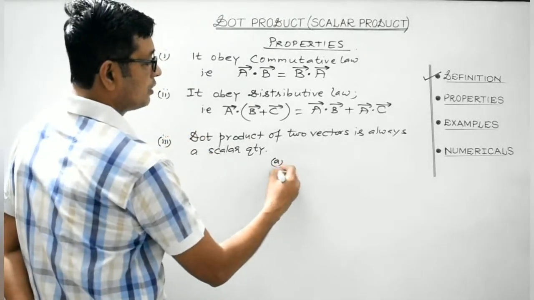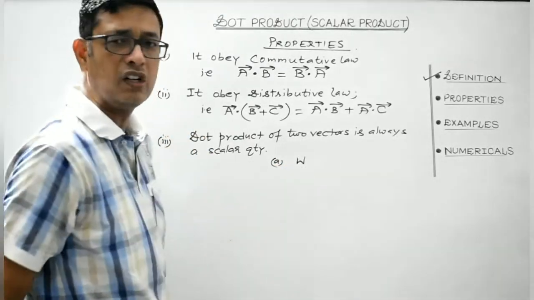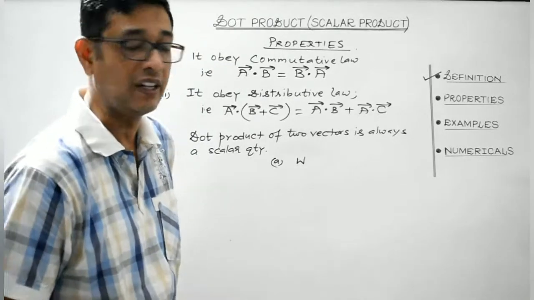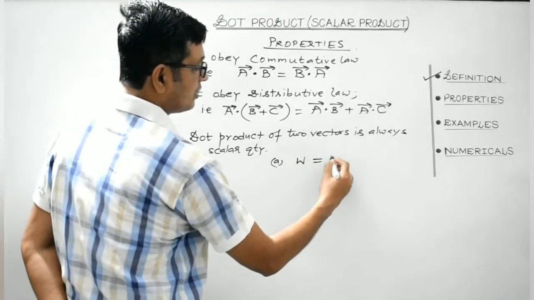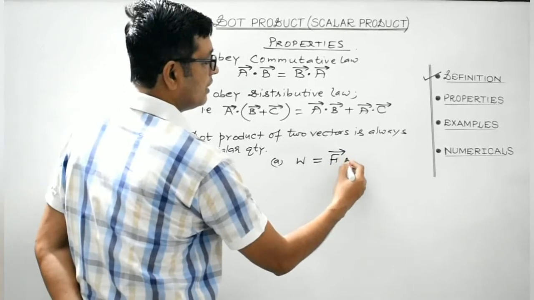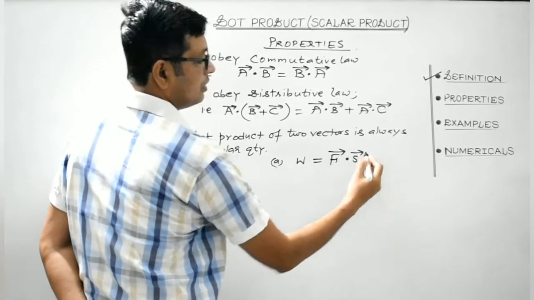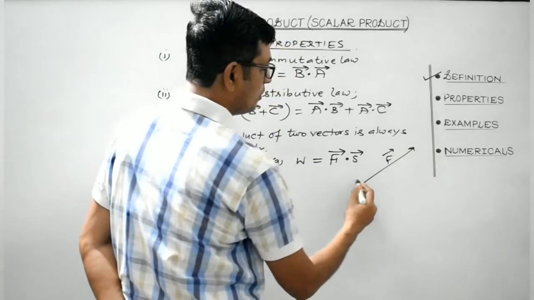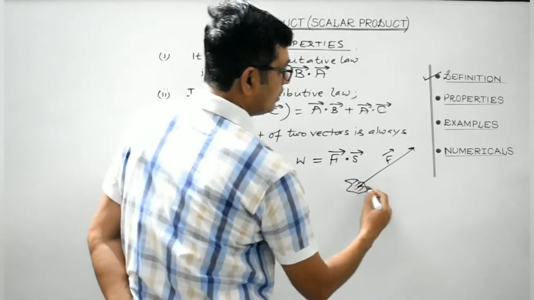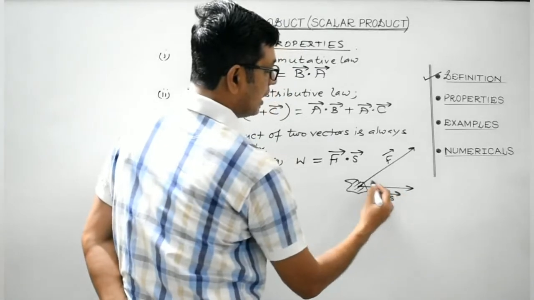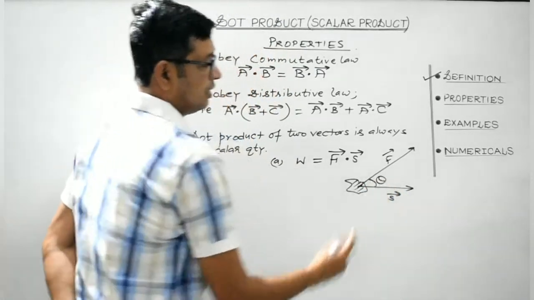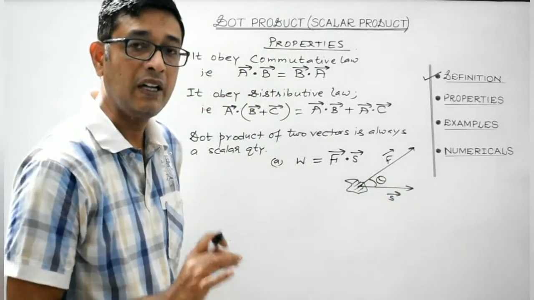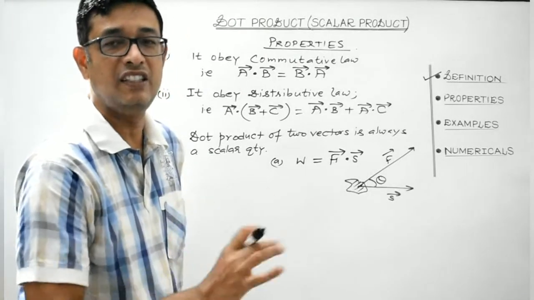First example is work done. Work, as you are aware, is a scalar quantity. It is given by the scalar product of force and displacement. Right? So, if this is force acting on a body, and this is where the body gets displaced, and if theta be the angle between them, then work done is always given by Fs cos theta.